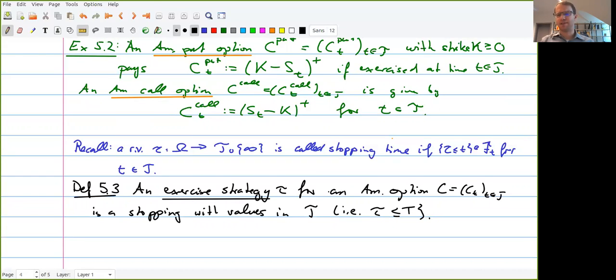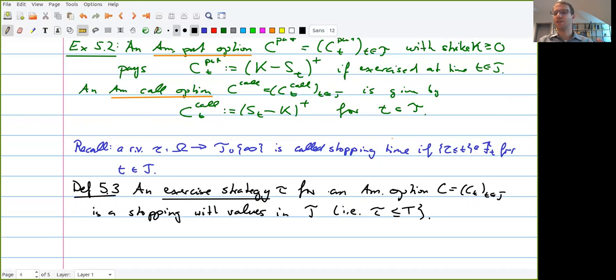Okay, now you can argue, but why can we do this? Because in principle, the buyer does not need to exercise the option. There's no obligation to exercise the option, but this is no restriction here because we already put the assumption that the payoff is non-negative, right? So at the terminal time you can always exercise and you make no losses.